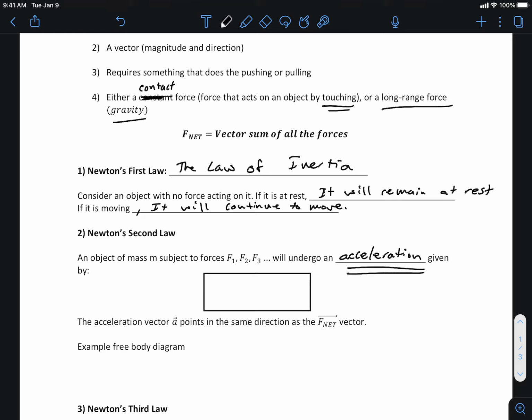And so we saw acceleration. I want to write it F net equals ma, okay?